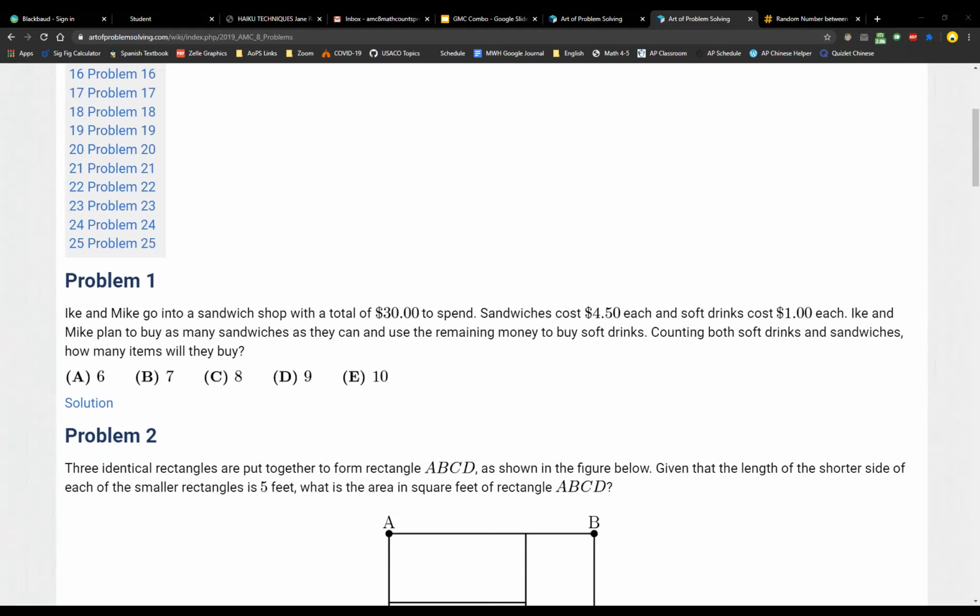Oh wait, I don't want to actually do this problem. So I'll let you guys do it, and I'll just give you guys a bit of time to solve this problem.